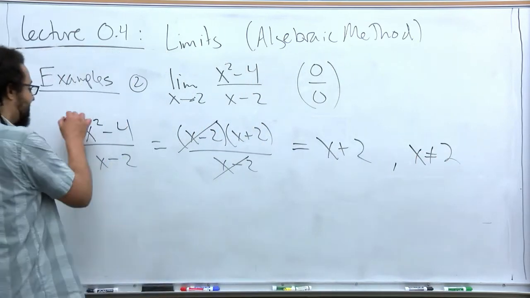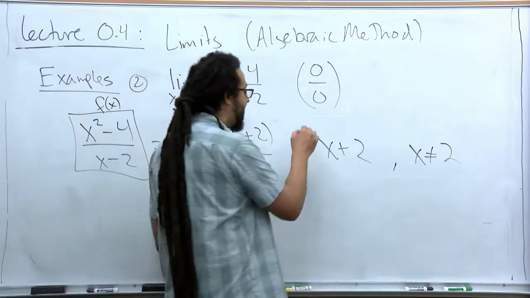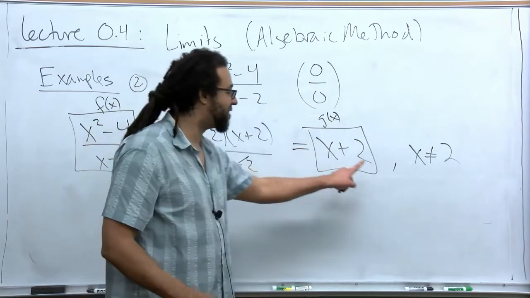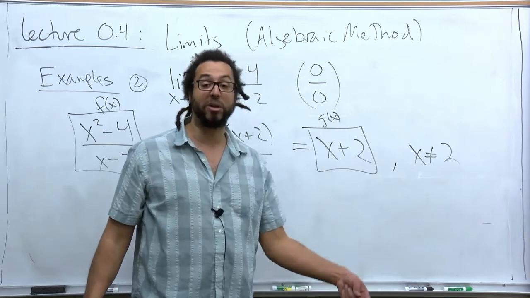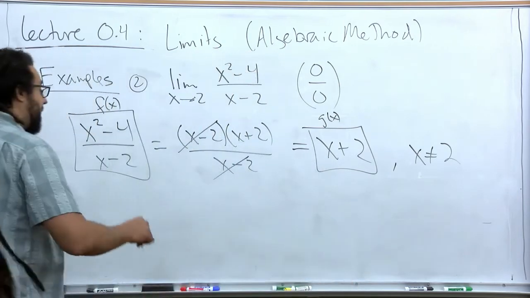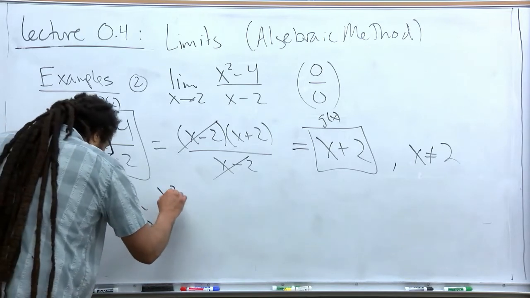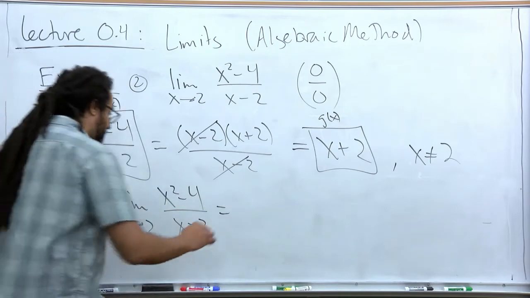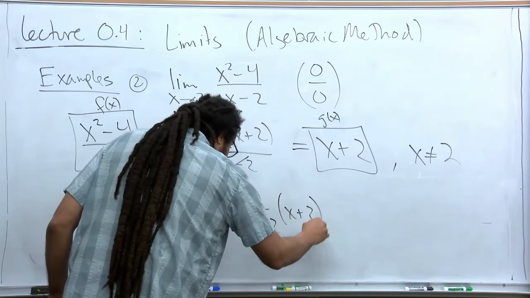So now you've got this left-hand function, call it f, and you've got this right-hand function, call it g of x. These two things, f and g, are equal everywhere except at x equals 2. That means they have equal limits at 2. So now I know the limit as x approaches 2 of my original function is equal to the limit as x approaches 2 of the function x plus 2.